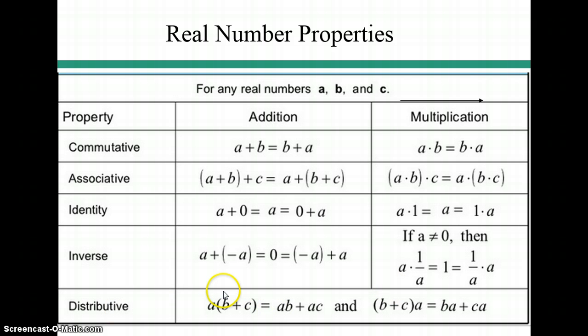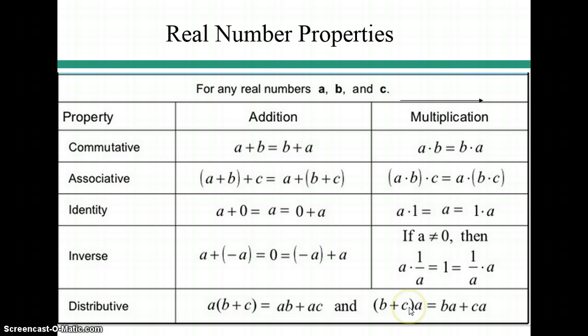Distributive property for addition. If you multiply the number A with B plus C within the parentheses, then we will get A times B is AB plus A times C is AC. This is called the distributive property over addition.